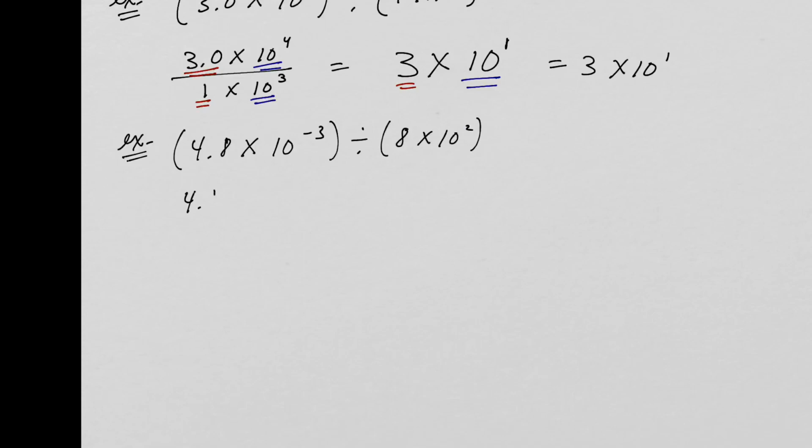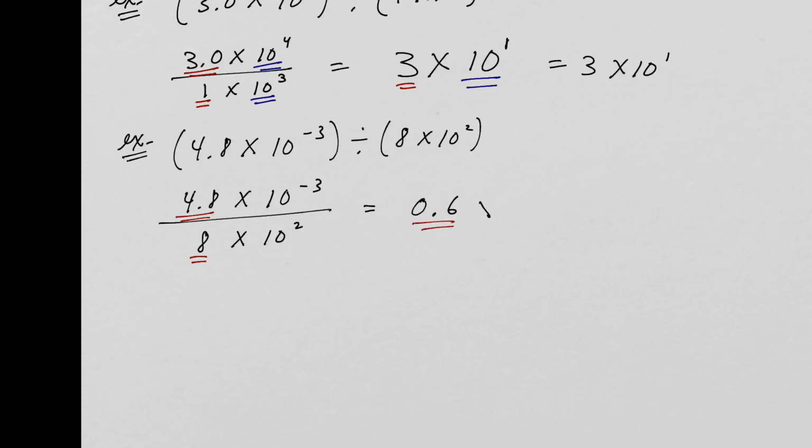Again, I can write this as 4.8 times 10 to the minus 3 over 8 times 10 squared. And now I'm going to divide the numbers first. So I need to do 4.8 divided by 8. Well, if you work that out, that turns out to be 0.6. That comes from dividing the numbers.